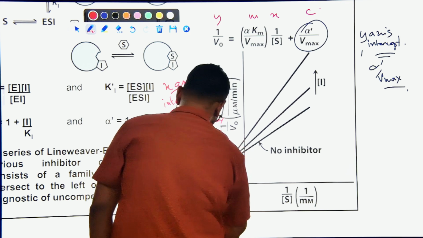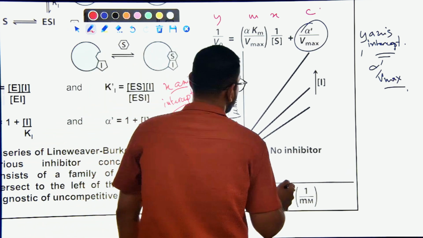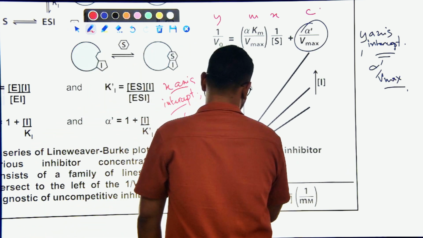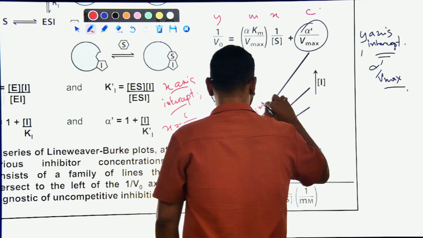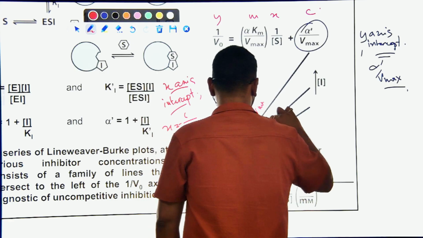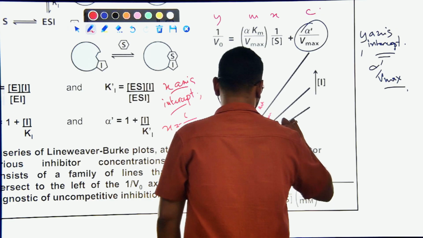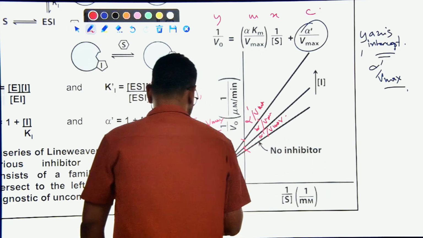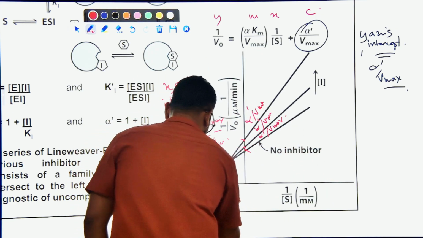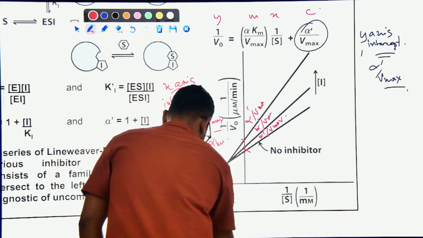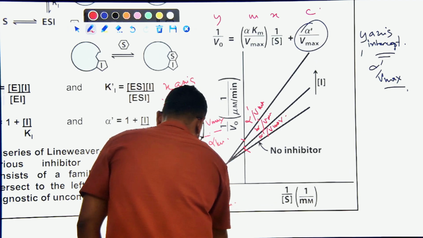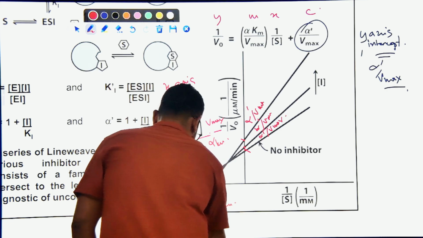So the intercepts: alpha dash by Vmax on the y-axis, and three intercepts over here on the x-axis also, alpha dash by alpha into Km.